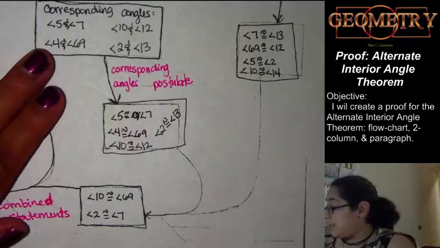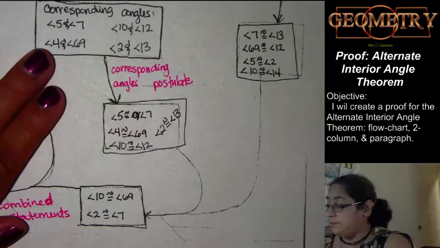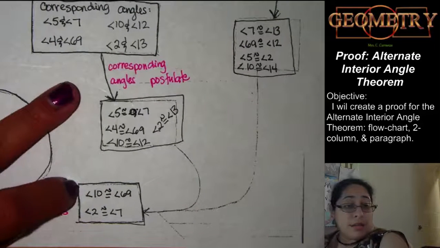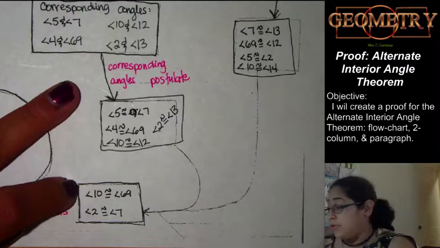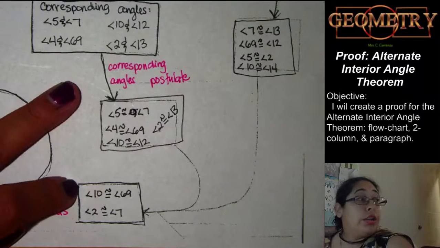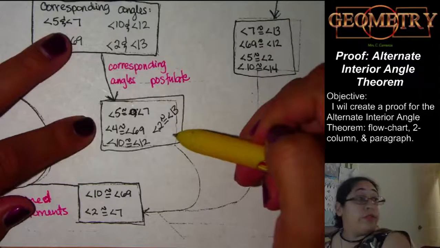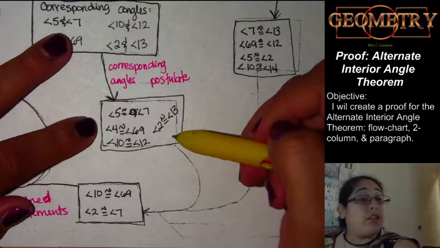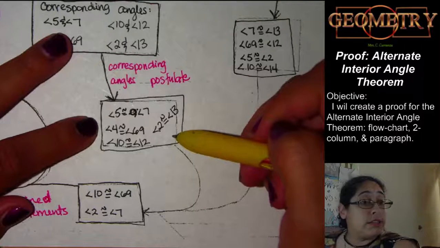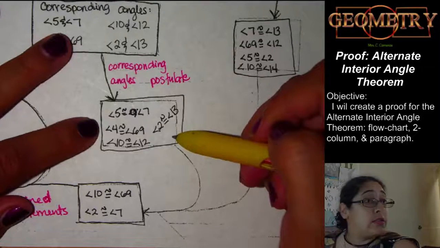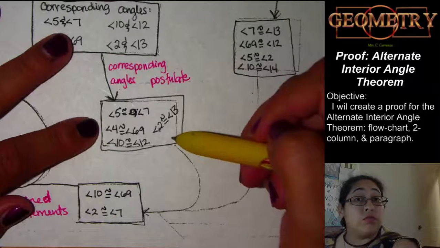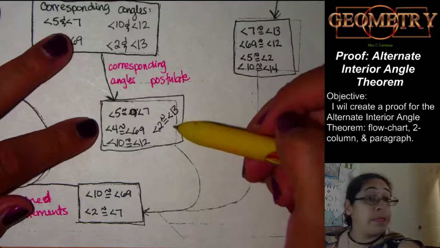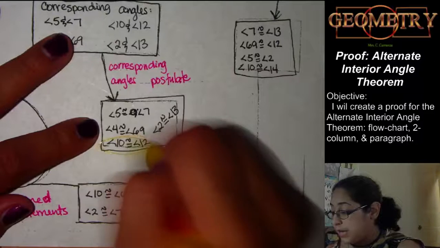Let's look at this. I want angle 10 is congruent to angle 69. In this group of congruent angles, do I have angle 10 or angle 69 listed? Yes. So you get to pick one of the two to use. Doesn't matter which one, pick one. 10. Okay. So we're going to look at 10 and 12.